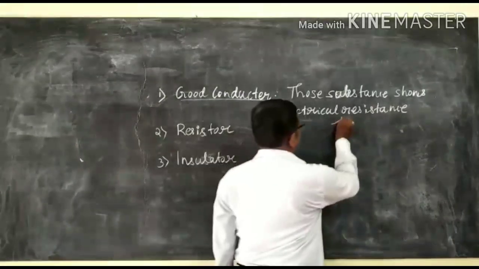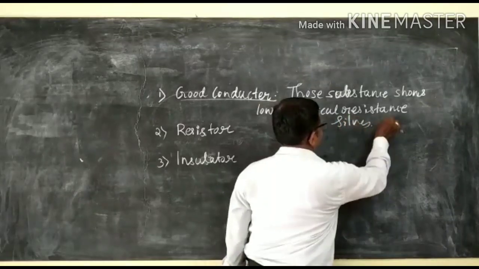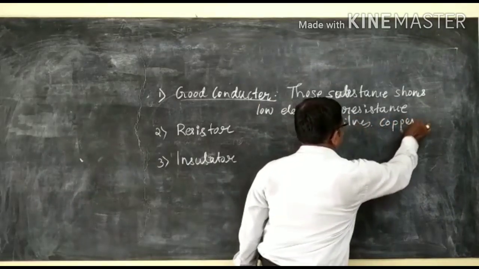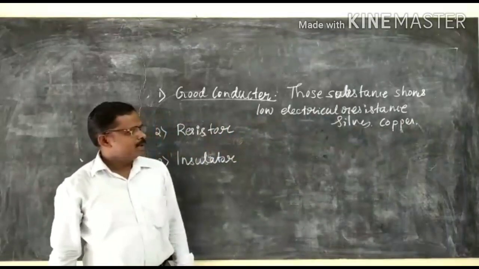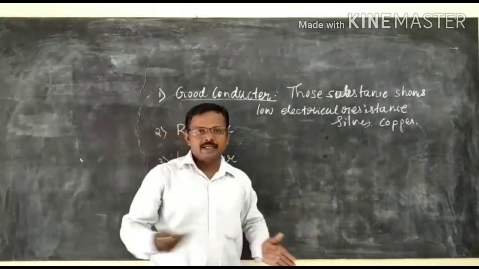For example, silver, copper. That means they are good conductors. Why are they good conductors? They allow the current to pass through themselves.